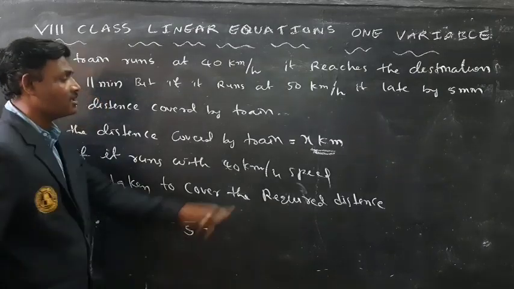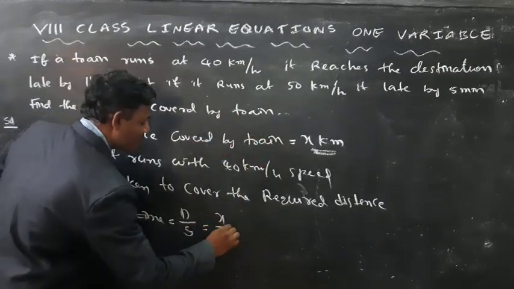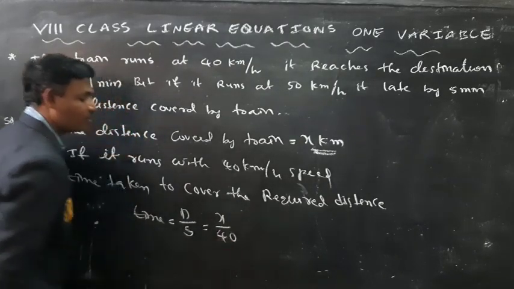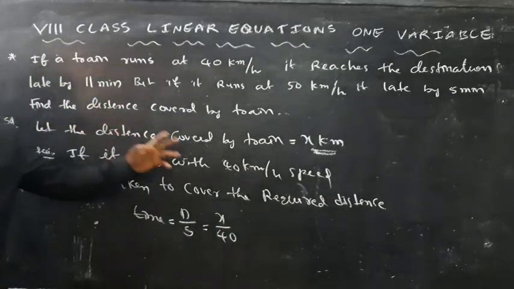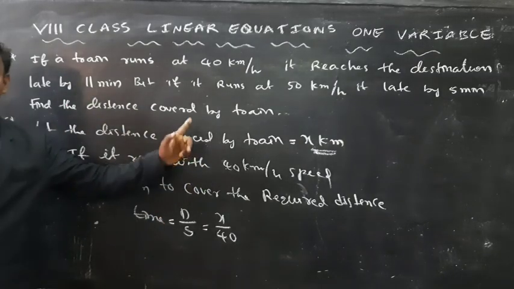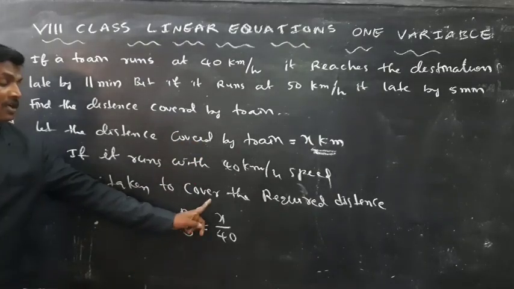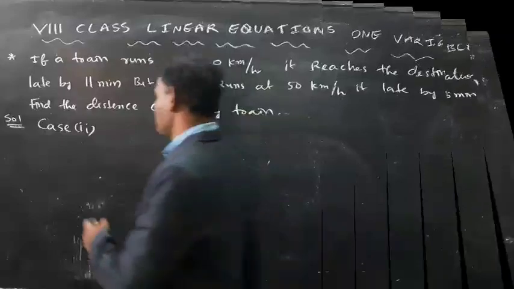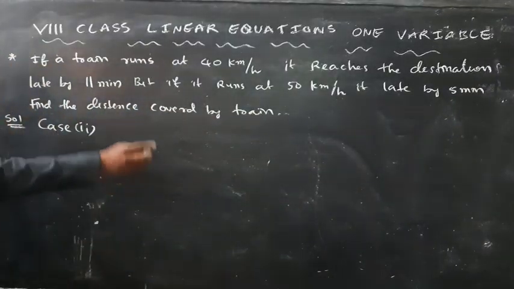Here, what is the distance? X kilometers. And what is the speed? 40 kilometers per hour. So, to cover the required distance, if the train moves with 40 kilometers per hour, it took X by 40 hours.